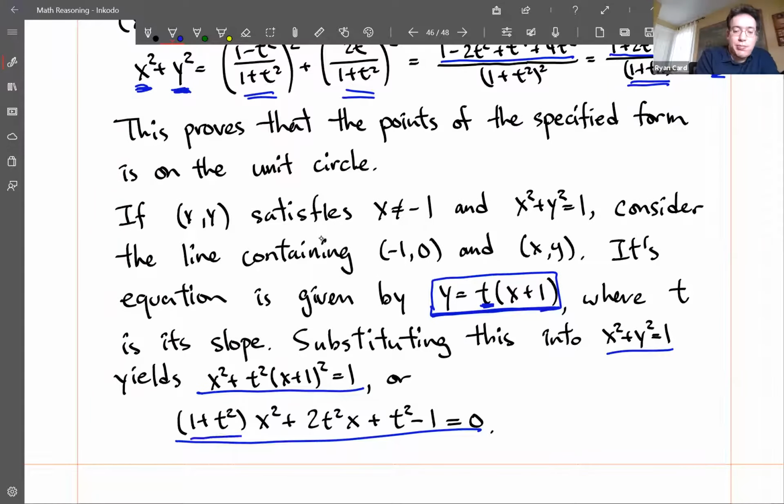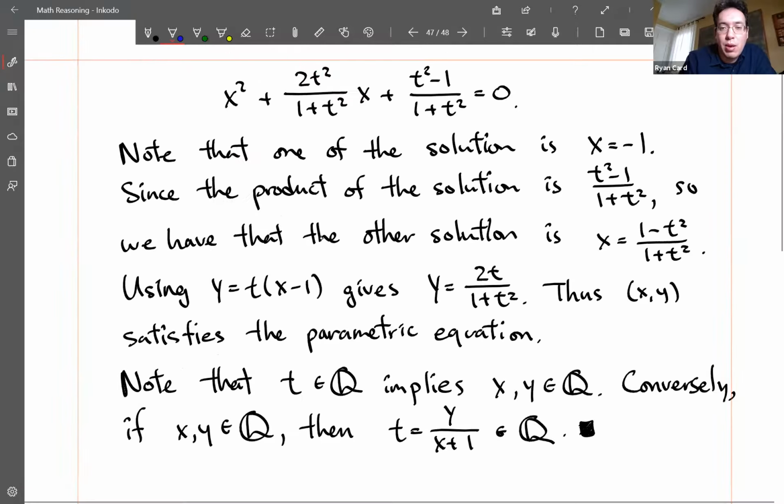If you plug in -1, it satisfies the equation because we get -1 minus t squared minus 2t squared plus t squared minus 1. So the 1 will cancel out and the t squared will also cancel out, and we get 0. All right, so x equals -1 is one solution.